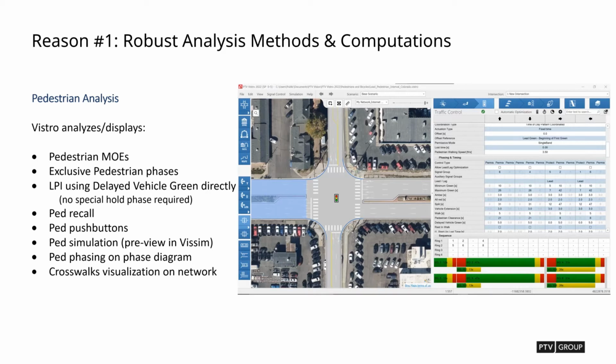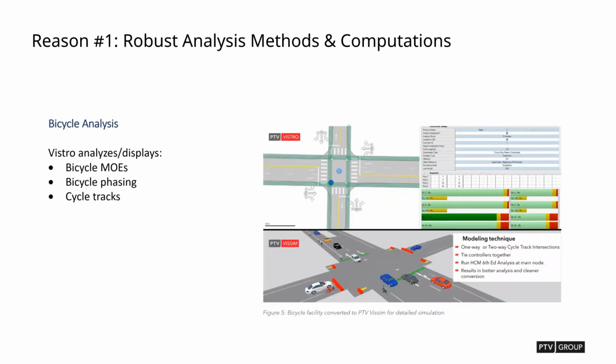And also these were demonstrated live in a previous PTV Vistro talk on multimodal analysis, but highlighting our unique implementation here where it can be done directly without having to add special hold phases, by entering in the delayed vehicle green, seconds of green directly, and how that can then be shown in the phasing diagram below to represent the LPIs. You can also, as you can see, visualize crosswalks on our network and PED phasing in the phase diagram.